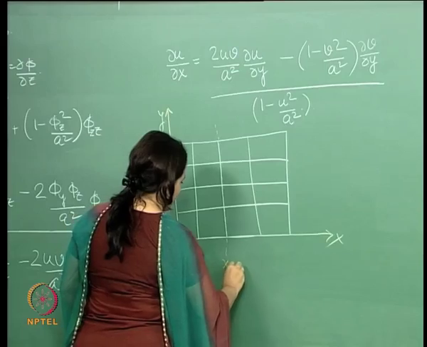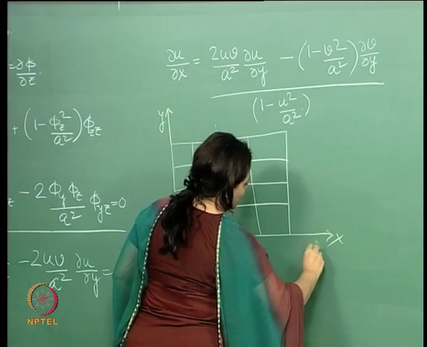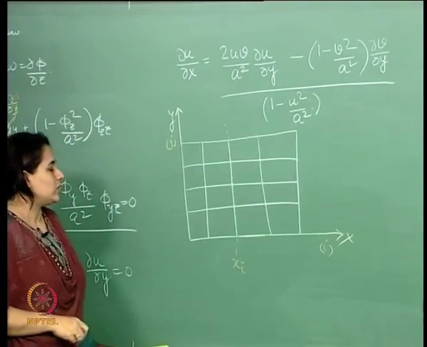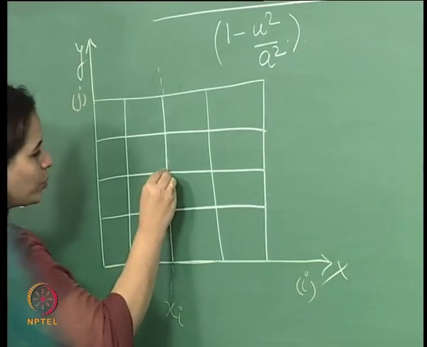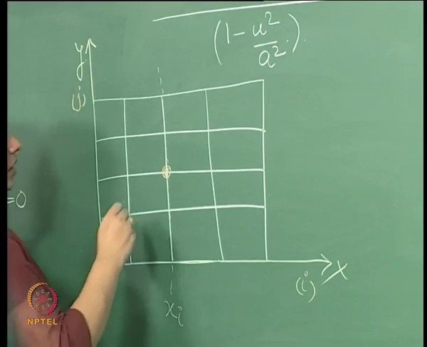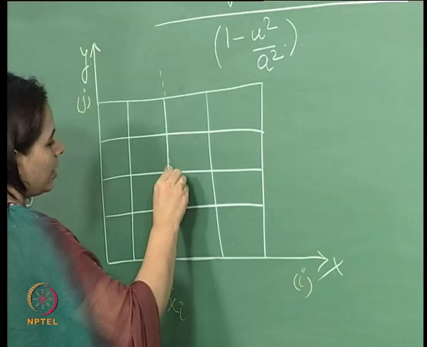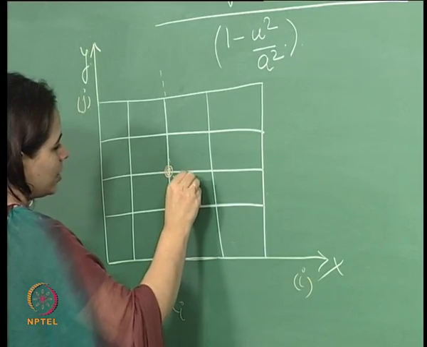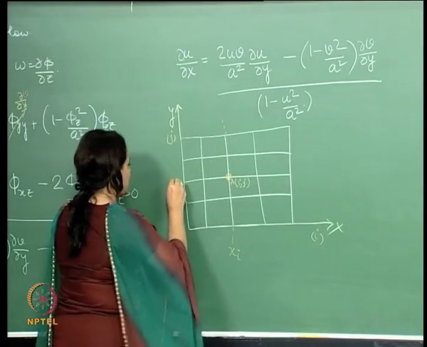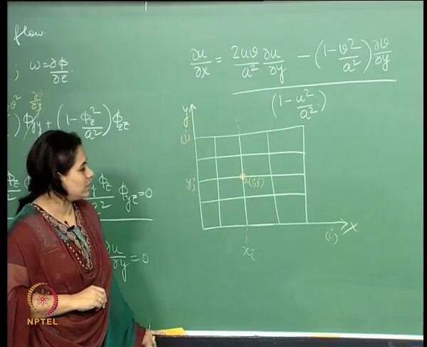Let us call this I. I guess you know that the index in the x direction is I, and in this direction is j. So let us look at this xi point, and this point out here. Let us call this point A, which is at I, j. This is at some j and some I, say y j over here. So that is the point A, at I j.